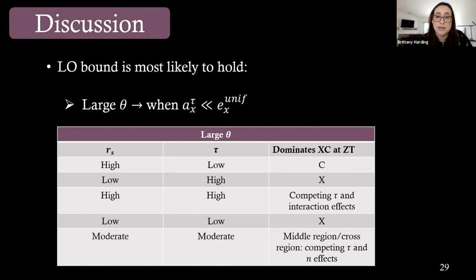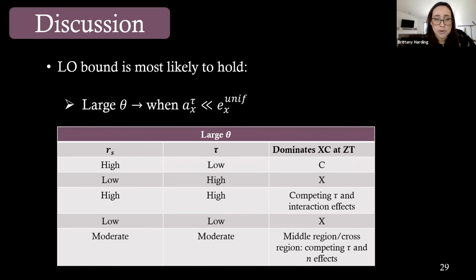It's intuitive that when we have a high temperature, we expect things to happen with the density. But depending on how high the density is and how high the temperature is, we're going to have competing effects, and it's not so easy to tell which dominates, the exchange or the correlation.